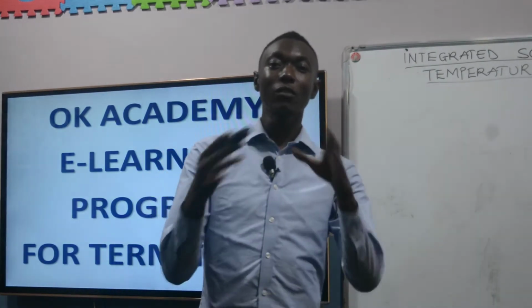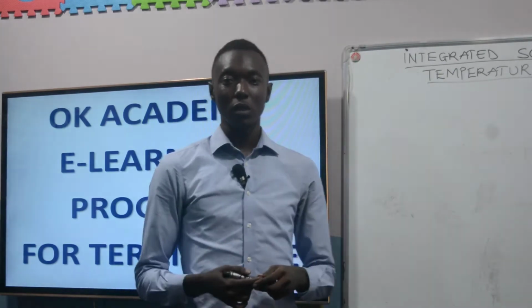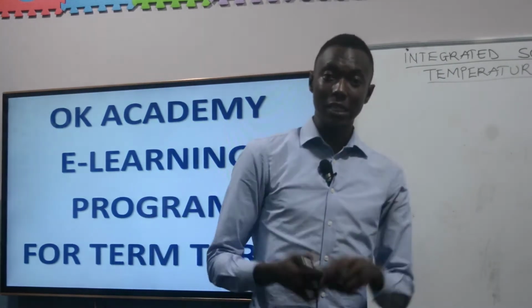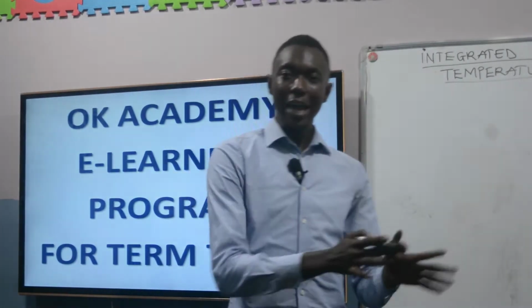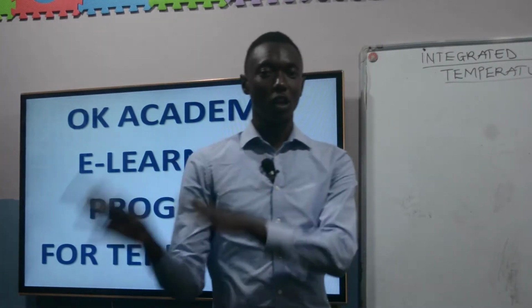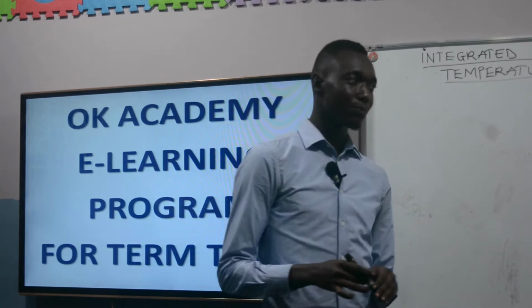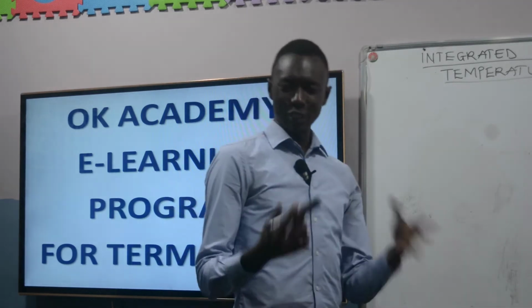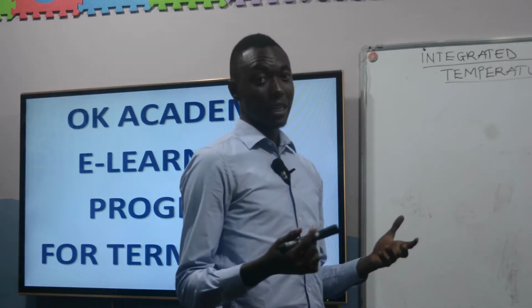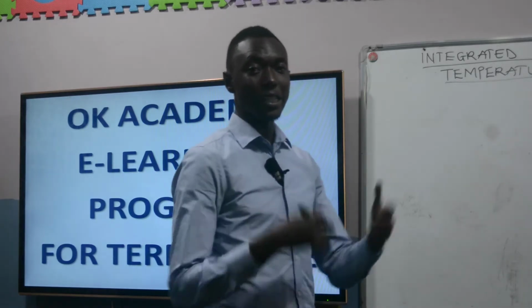I know you can give out a lot of examples of substances or objects that have high temperature or low temperature. What do we mean by temperature? As I was speaking, I said temperature over and over again.